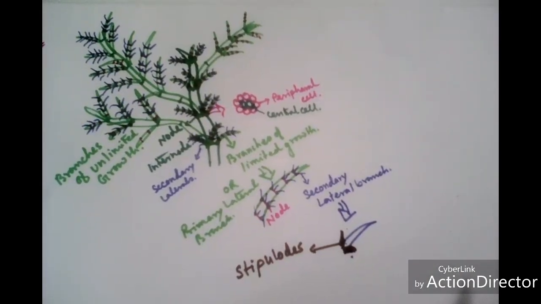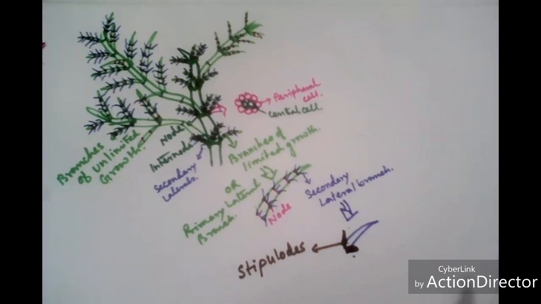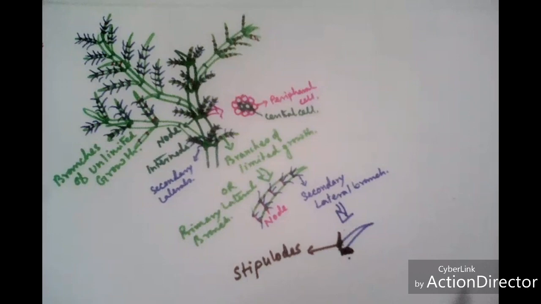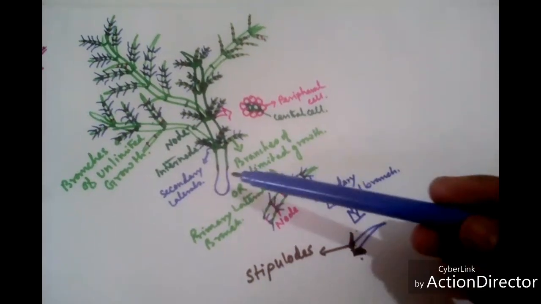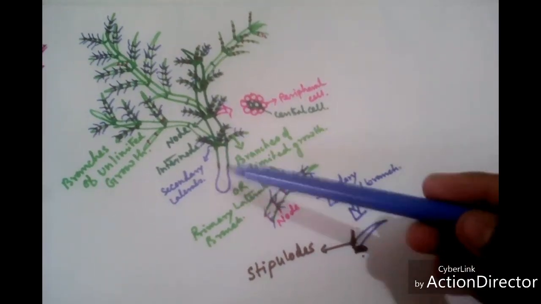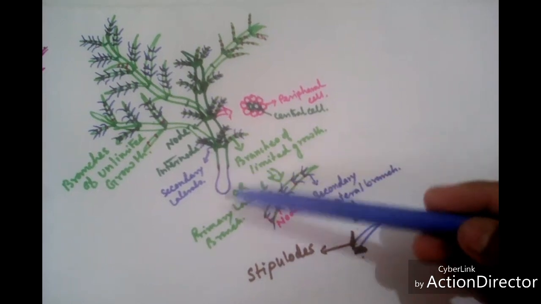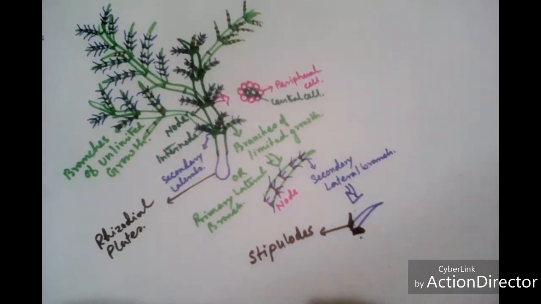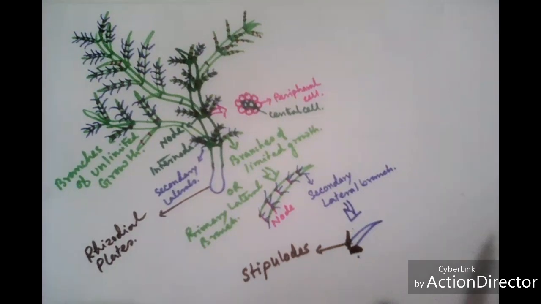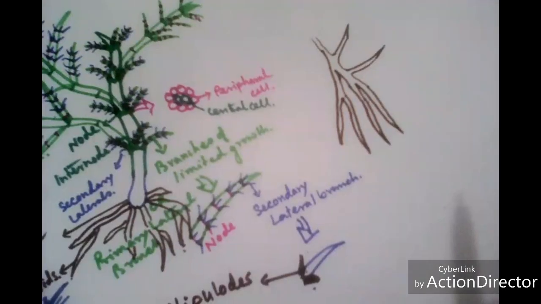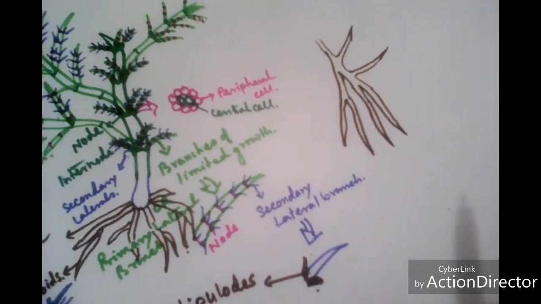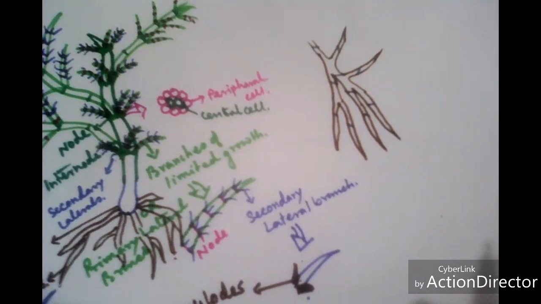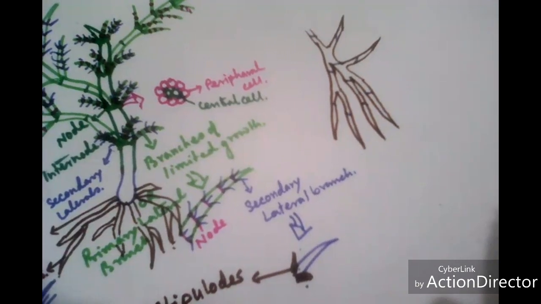Rhizoids arise from rhizoidal plates, which are present at the base of the main axis. So, these are rhizoidal plates, and from the rhizoidal plates, rhizoids arise. An oblique septum is present on rhizoids.